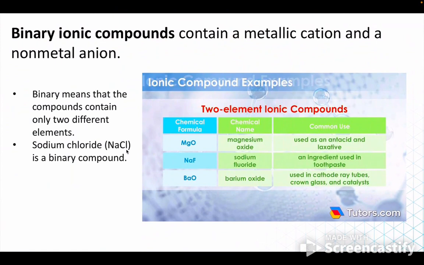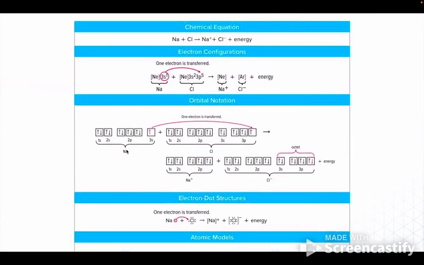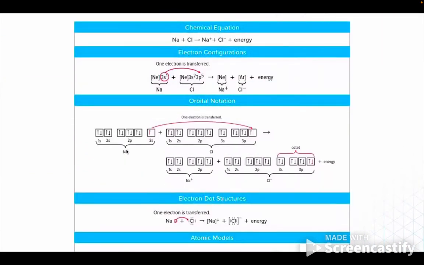Typically a metal is the first, and then a non-metal is the anion. So the metals become cations and the non-metals become anions. So this is just a bigger example of what we were just doing. So we will be just mainly doing this method and this method.